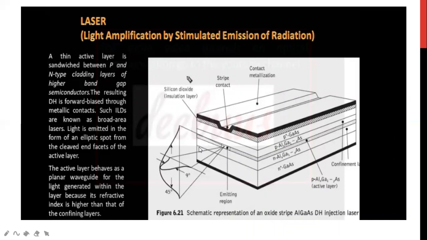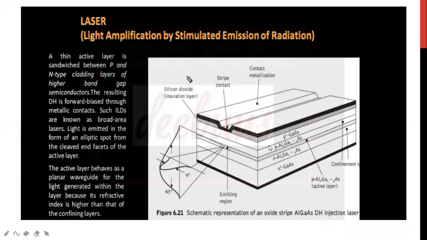The figure shows typical constructional details of a laser. This type of laser follows double heterostructure. The main difference between a homostructure and a double heterostructure is that the confinement of electric current as well as optical light is more.